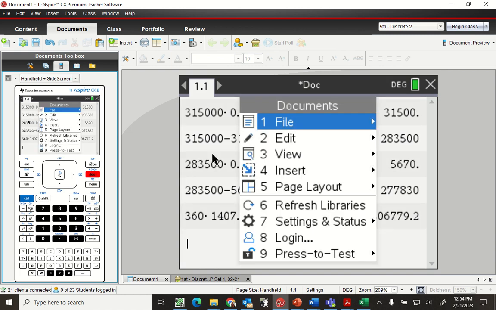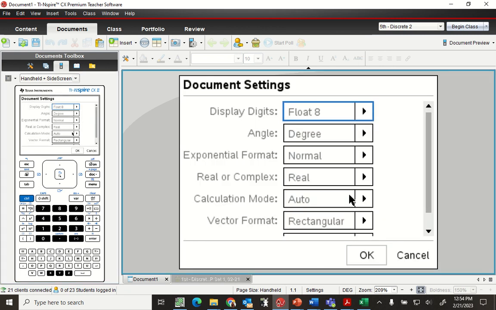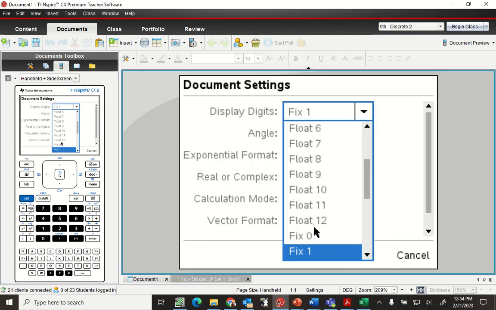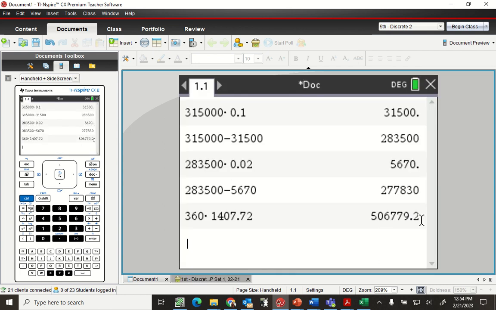Let me see if I could actually get it to show. No, it still only comes up that way. So how much is that? That's $506,779.20.